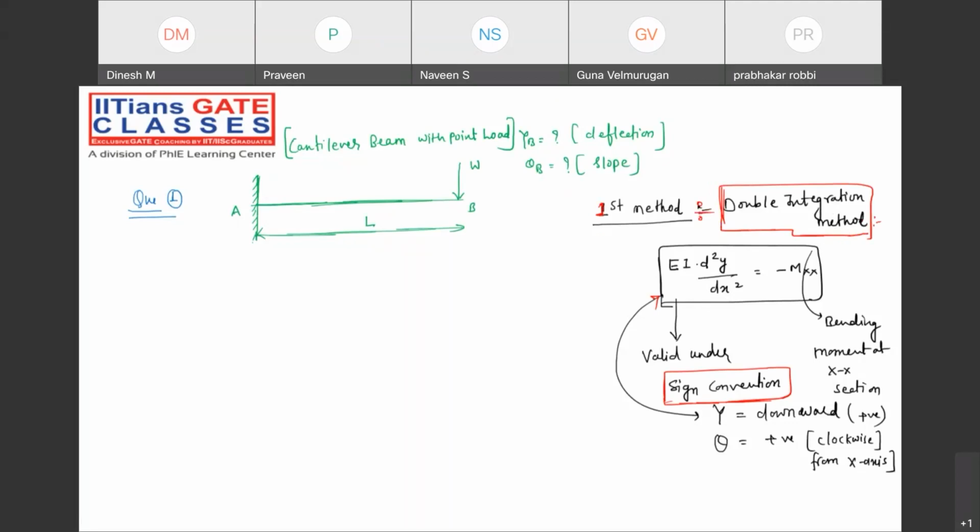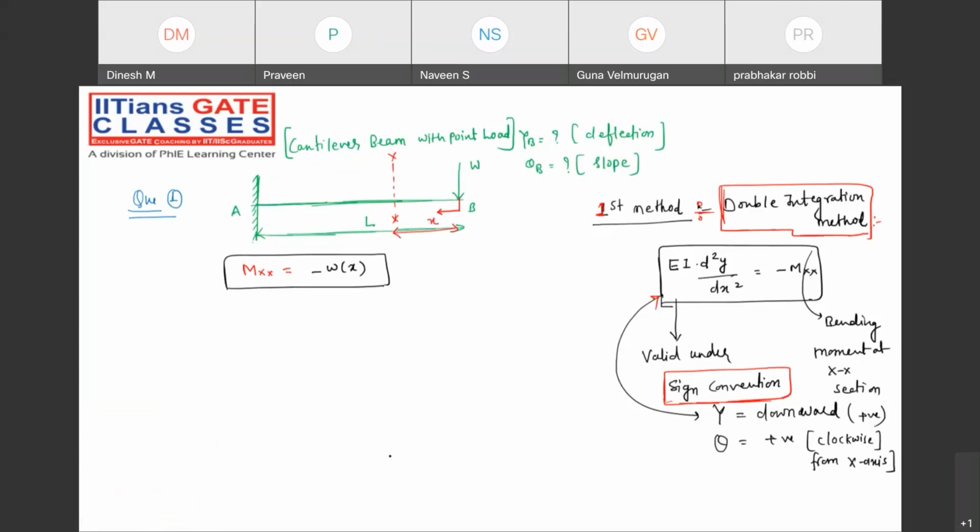Double integration method. So first of all, we are going to find the bending moment at the xx section at a distance of x, where x is taken from point B. Tell me, guys, how many of you are aware of those things? Minus w into x, right?